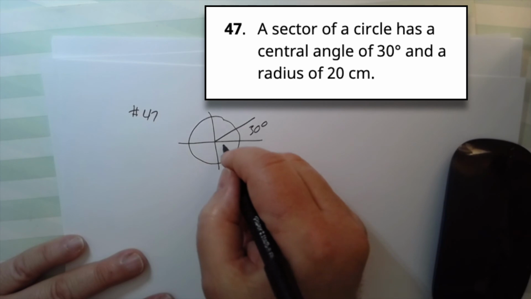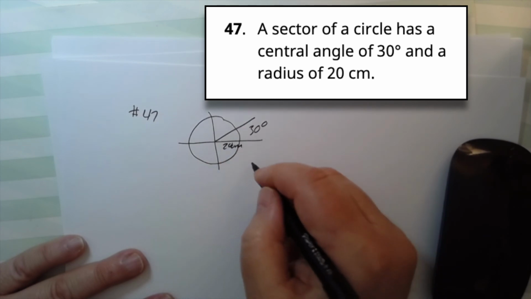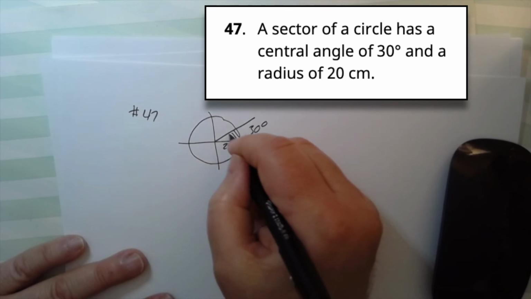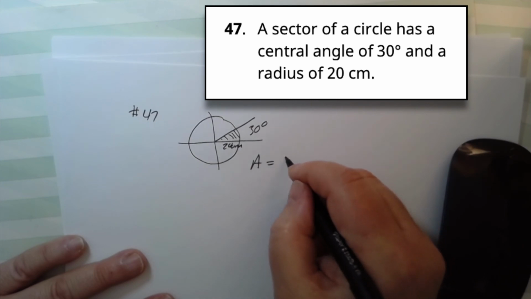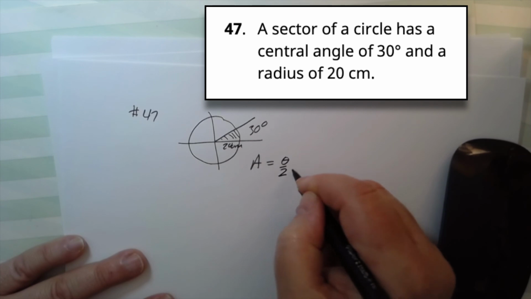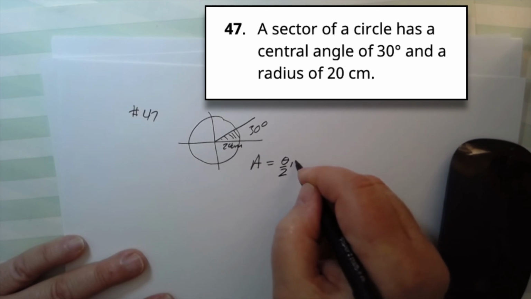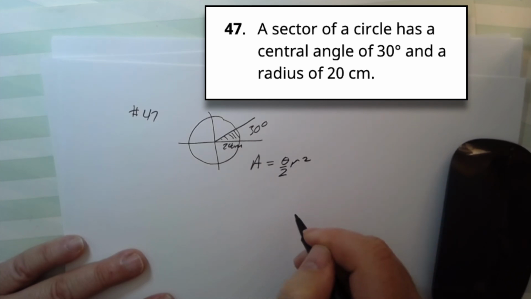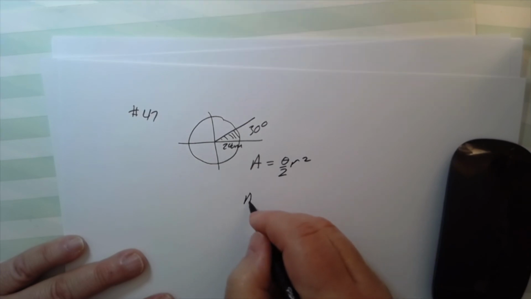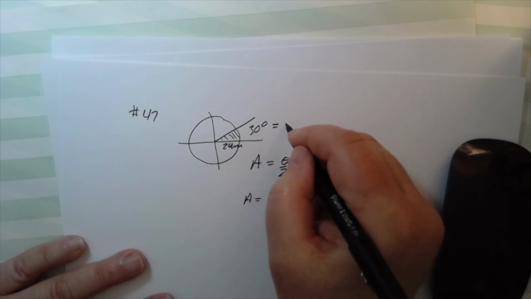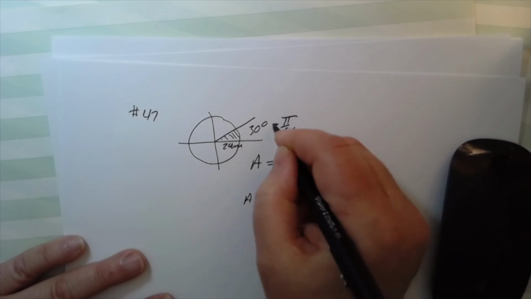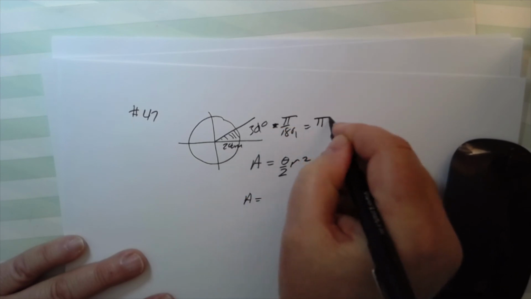A sector of a circle has the central angle of 30 degrees and a radius of 20 centimeters. What is the area of the sector? So the area is theta divided by 2 times r squared. Now this has to be in radians, so multiply this by pi over 180. This would be pi over 6.